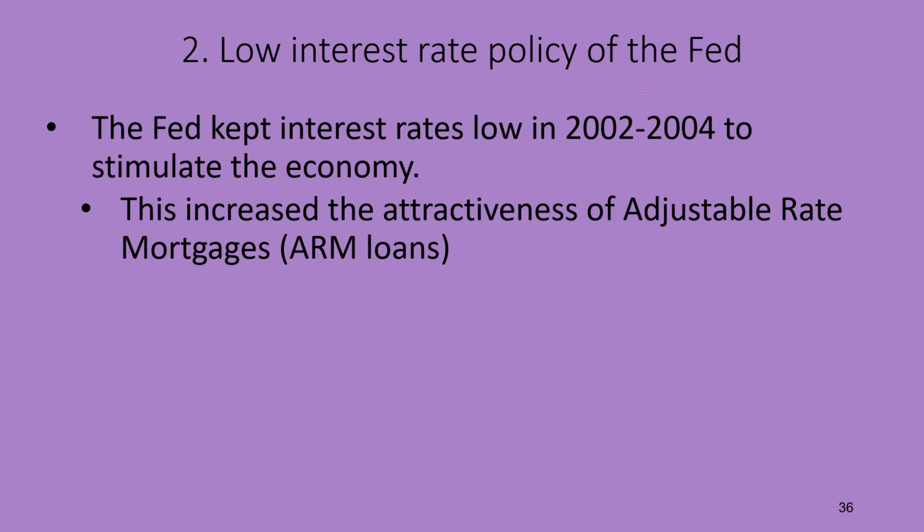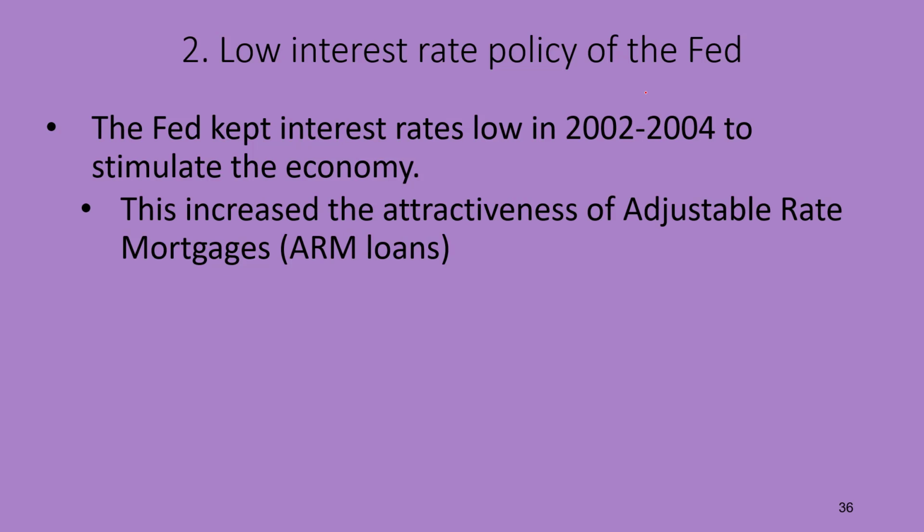So you had a short economic downturn in 2001 following those attacks. So the Fed's like, all right, we need to stimulate the economy. And one way we're going to do that is by increasing money supply and keeping interest rates low. That was a policy that they kept from 2002 through 2004, again, to help stimulate the economy out of that recession.